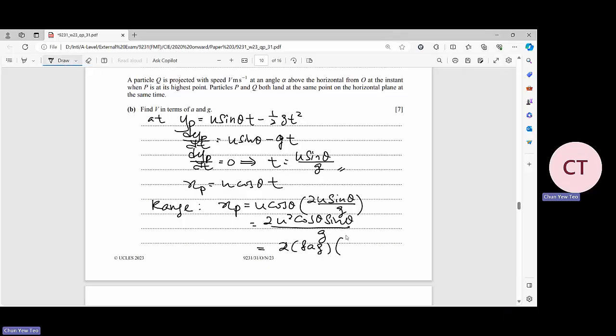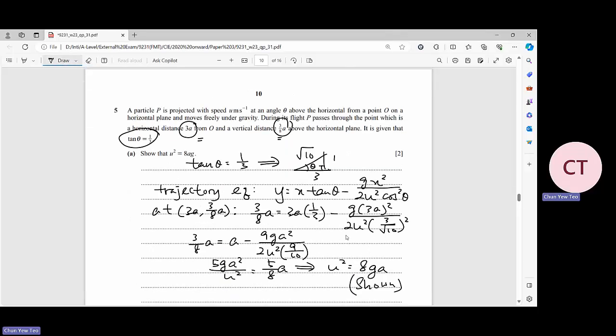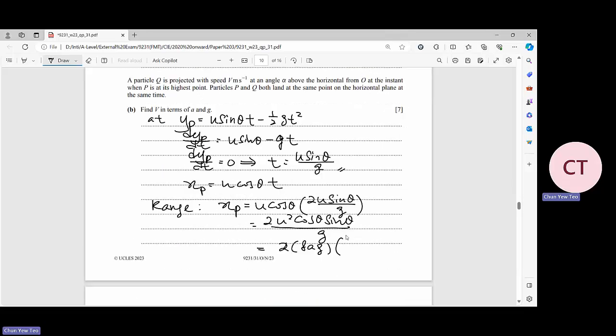Cos theta, from just now the diagram, is 1 over root 10, and sin theta is 3 over root 10. Then if you divide by g and cancel everything, you will get this as 16 times 3 over 10.